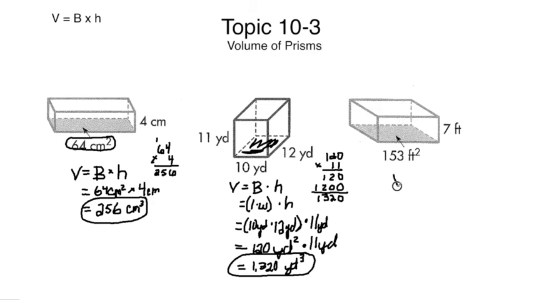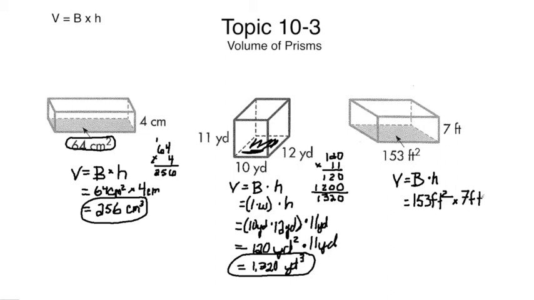All right, so again, we put in the universal formula, capital B for base area times the height. We're going to plug in 153 feet squared for the base area, and we're multiplying that by the height, which is 7 feet.